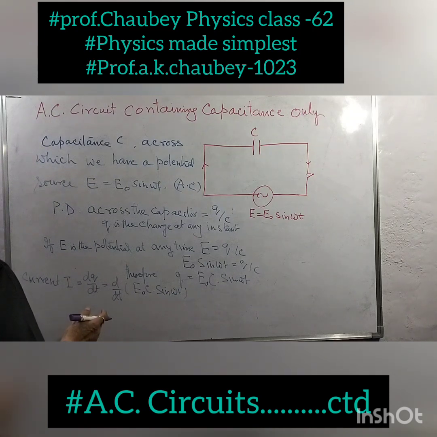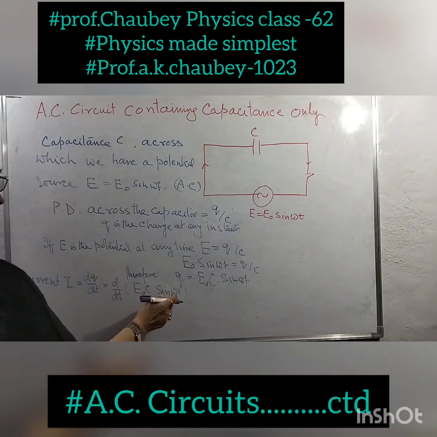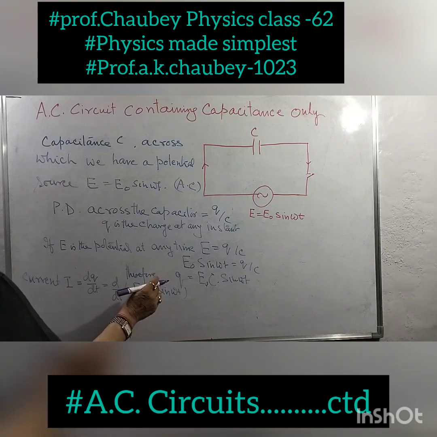Well, you can write the current I as the differential of this. C and E naught are constant outside, and the derivative of sin omega t is omega cos omega t.